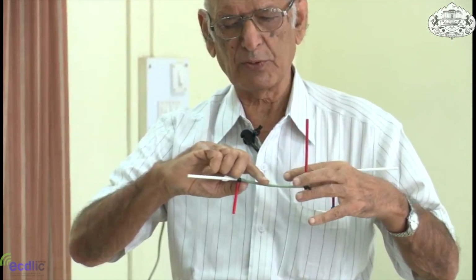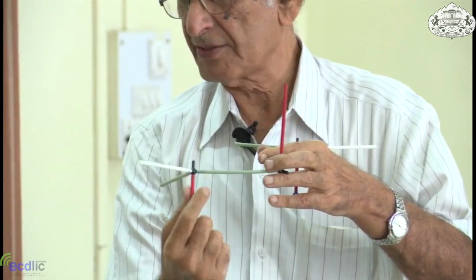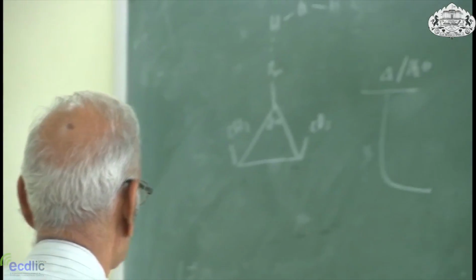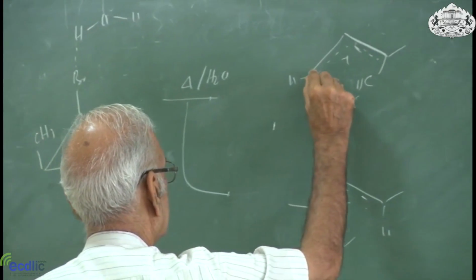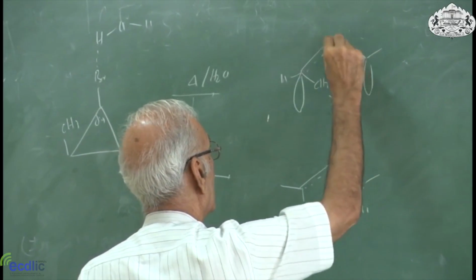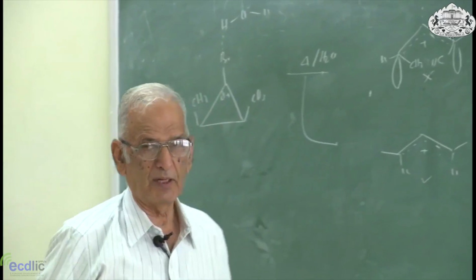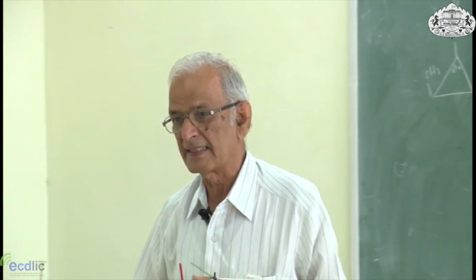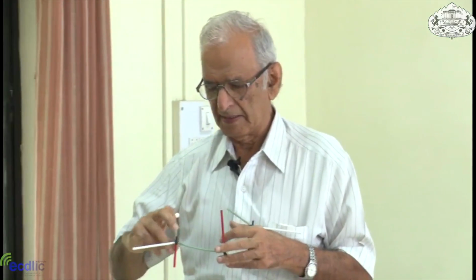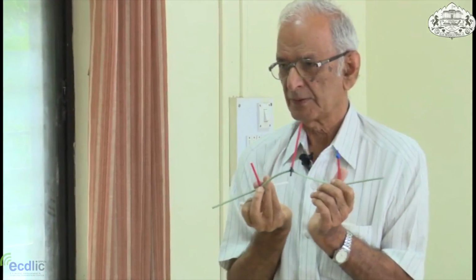When I do this, what is it I want you to see? This orbital and this orbital are downwards. Okay, so I will show those orbitals. And your polarized carbon bromine bond is upwards. When I do the other process, what do I see?